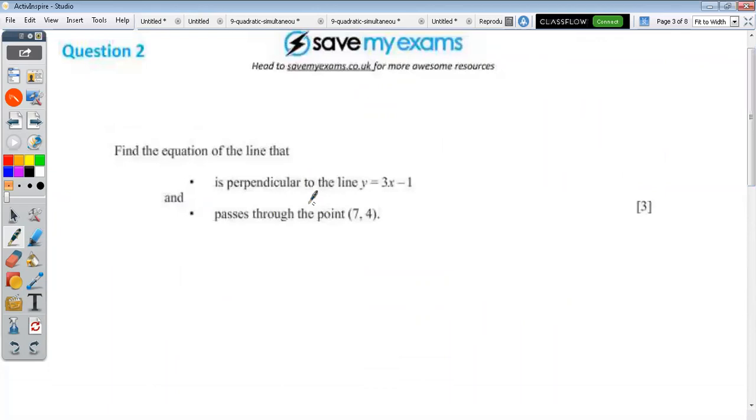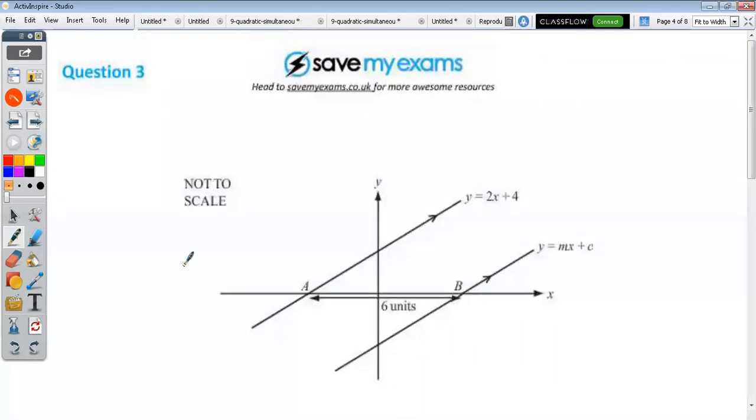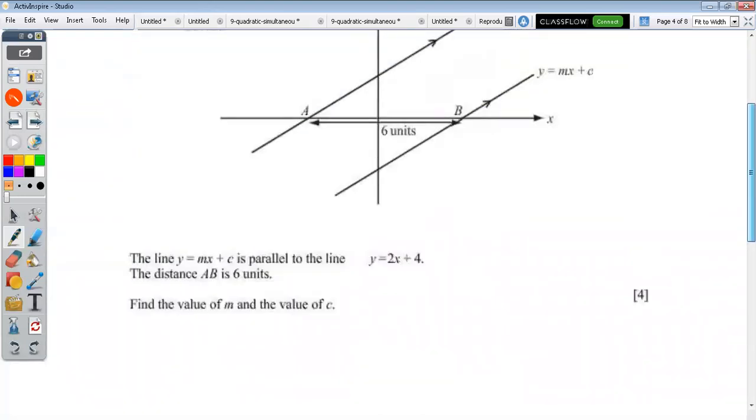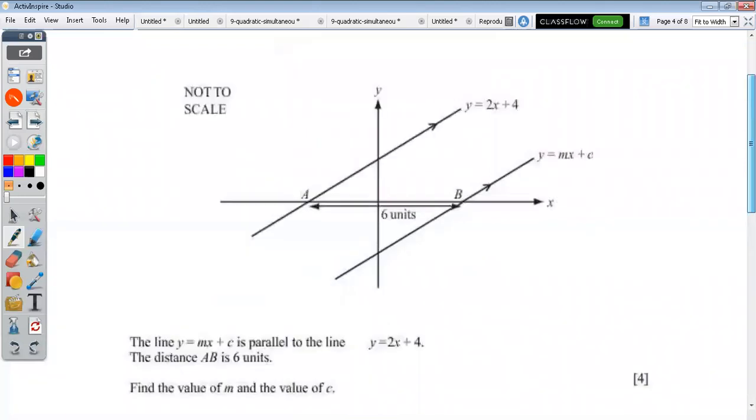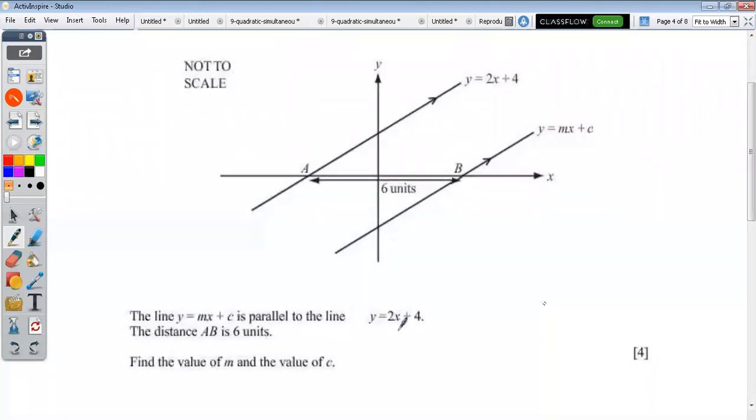Find the equation of the line. Okay, there's another tricky one that I want us to do. I love this question. 4 marks. So this is not to scale. We have the equation y is equal to mx plus c, which is parallel. So if the lines are parallel, what do you know about parallel lines?